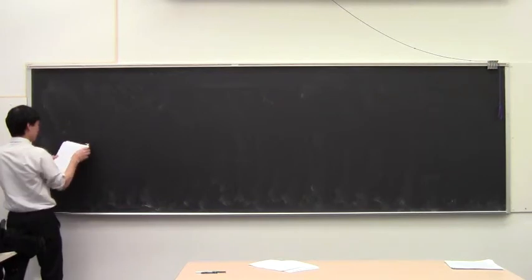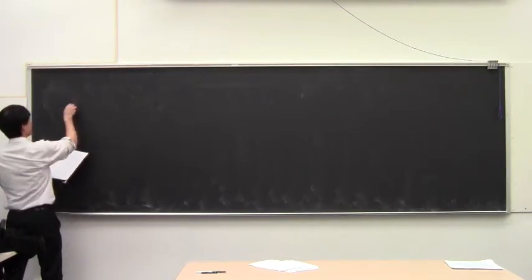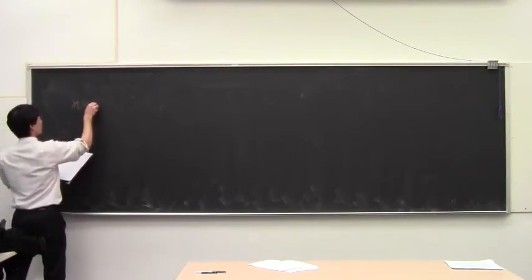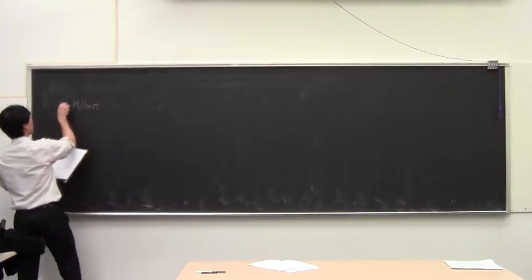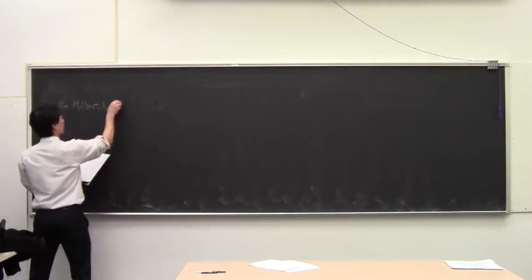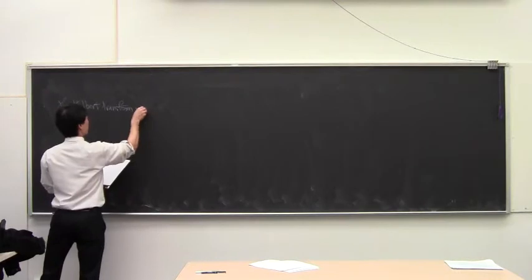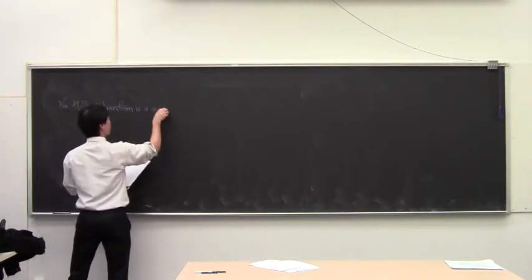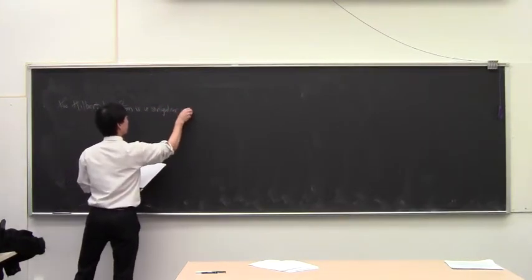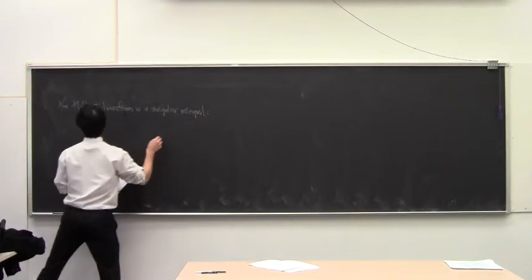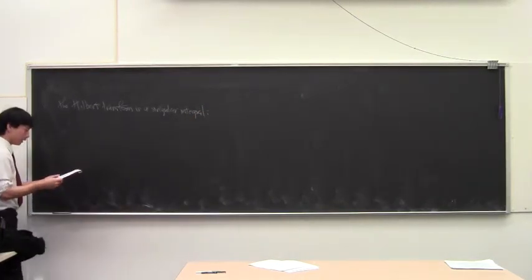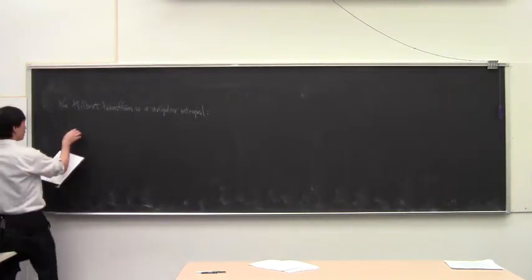Here is a statement that will seem to be mysterious to you: the Hilbert transform is a singular integral. This is the main result for today, and I think we can do it in the last 20 minutes.